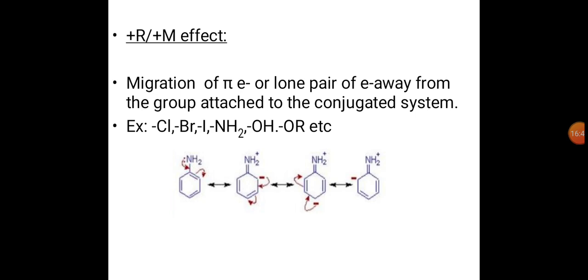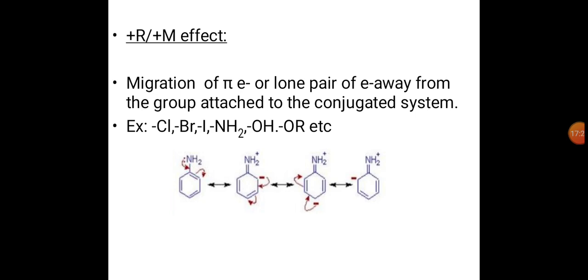So I mean to say, this compound, aminobenzene, has more electrons or negative charge in ortho and para positions, and these electron rich ortho and para positions can be attacked only by electrophiles.